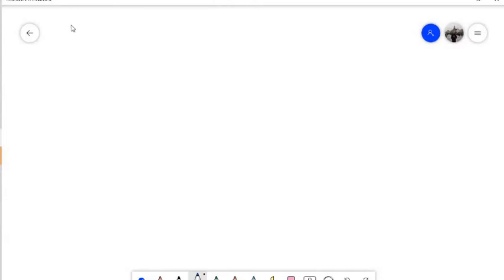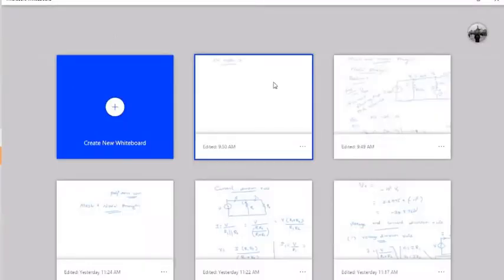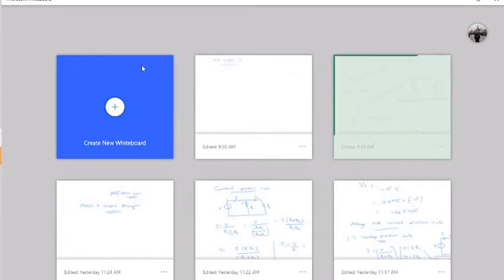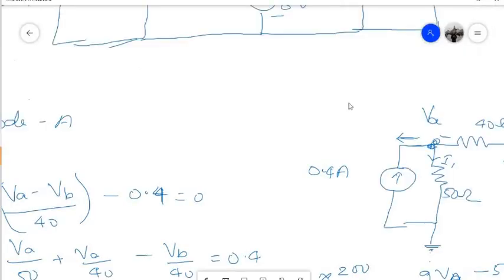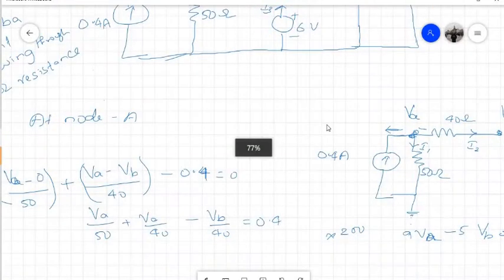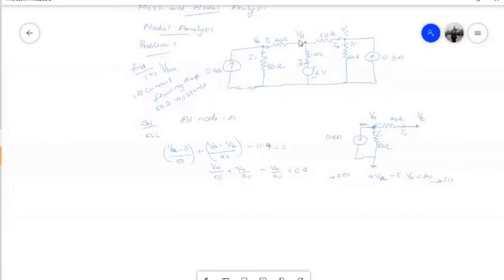Now, after completing the equation for node A, I want to write one more equation for node B. Now, based on the circuit that I have drawn on the previous board, I can write separately what are the elements that are connected with the second node.